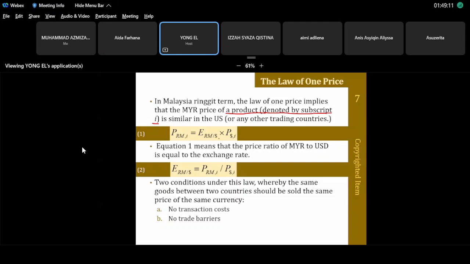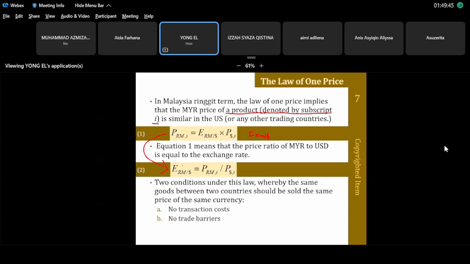What is very interesting about this equation is that we can rearrange it. Maybe you find it hard to read my words written on this brown area. What I'm trying to explain is that we can rearrange this equation to get this one.